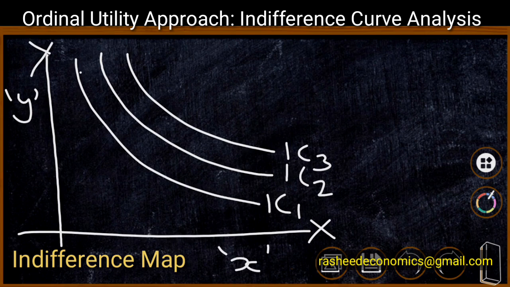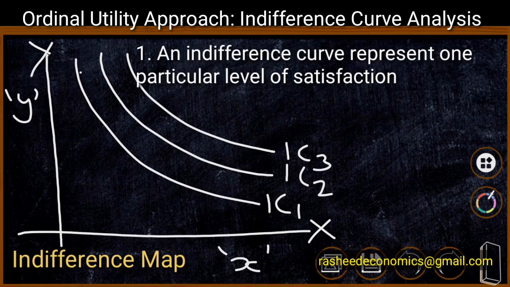Here we need to remember certain points. First thing, an indifference curve represents one particular level of satisfaction. That is, an indifference curve is the locus of combinations of various commodities, that is two commodities, that provides the consumer same level of satisfaction, and an indifference curve represents a particular level of satisfaction.